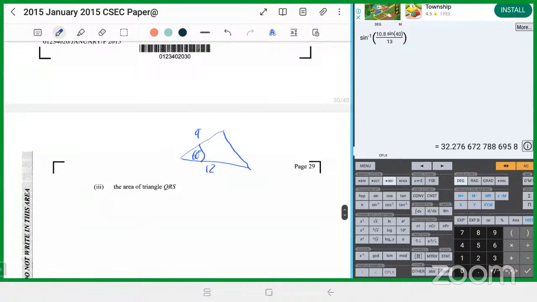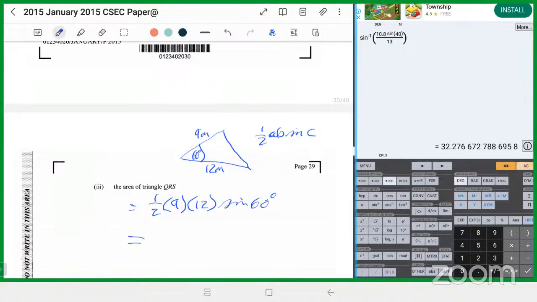9 and 12 meters. Using the formula half ab sine C. This is the a and the b, and the C is the angle 60 degrees. So the area becomes half times the 9 times the 12 times the sine of the 60 degrees.